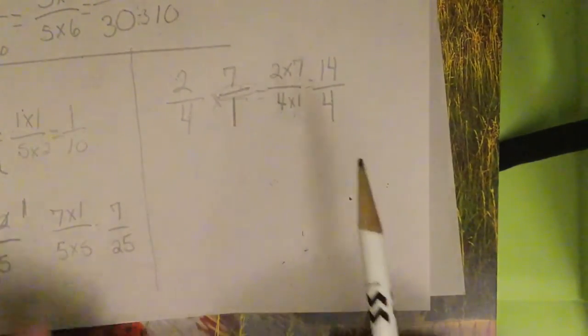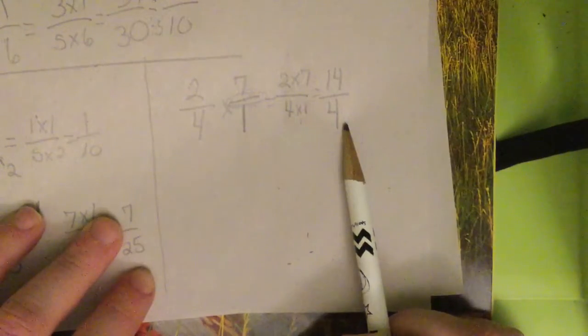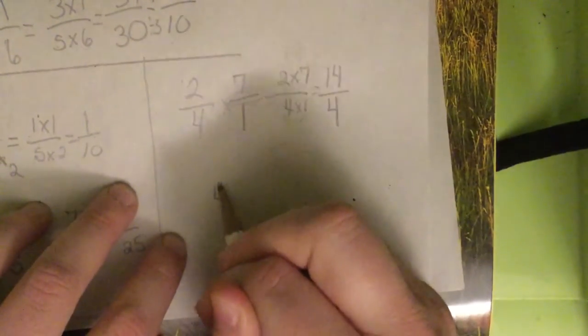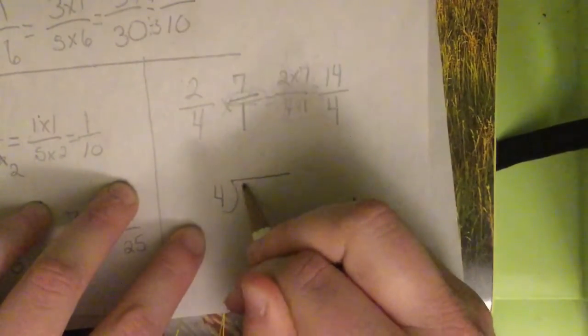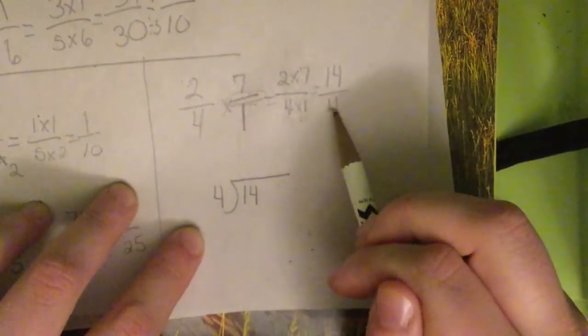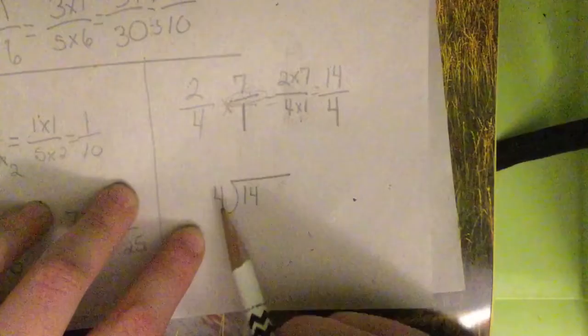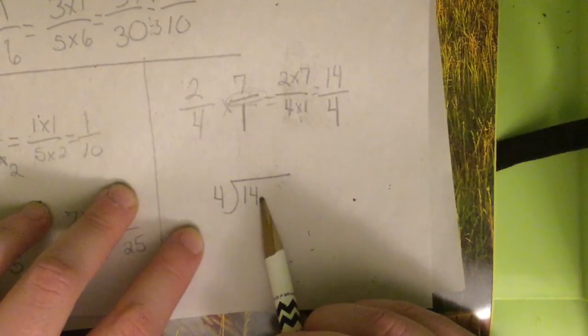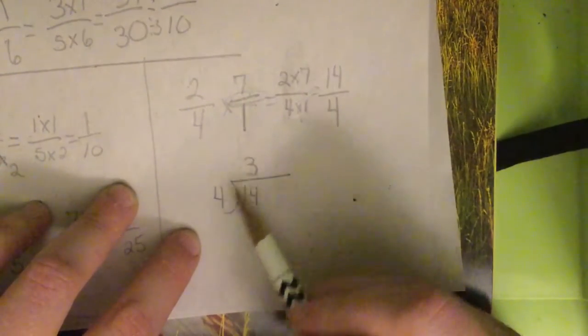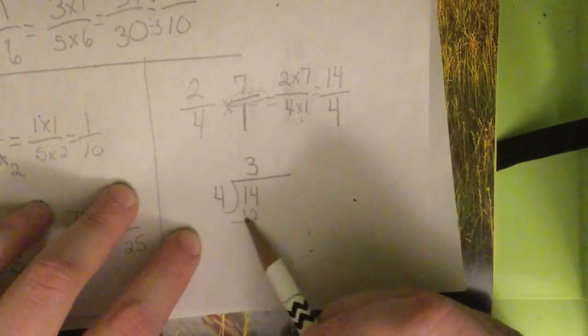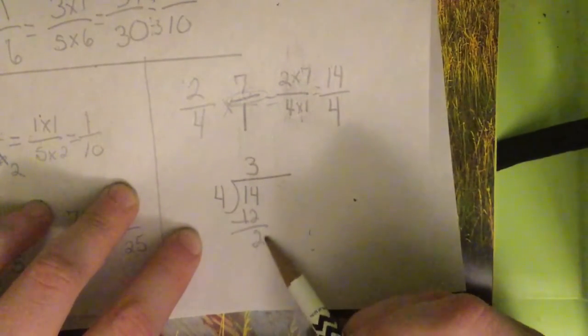Remember we talked about how do we solve an improper fraction? We take 4 and we divide it by 14. You take the denominator and divide it into the numerator. So 4 goes into 14 how many times? 3. Very good. 3 times 4 is 12. Remainder of 2.